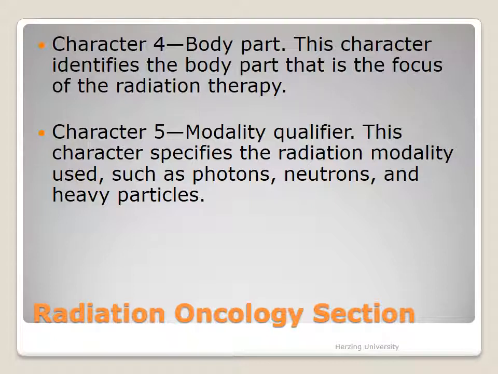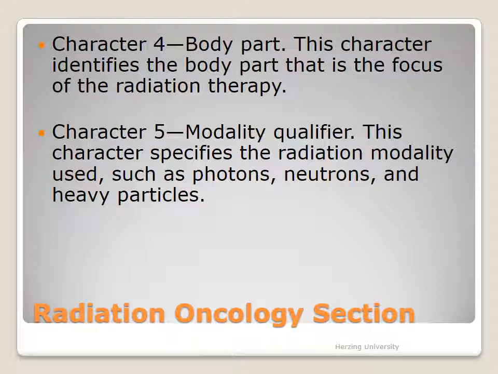The fourth character value changes as the body system changes. Example, the value of 0 in the central and peripheral nervous system indicates the brain, whereas in the lymphatic and hematologic system, the value of 0 indicates bone marrow.